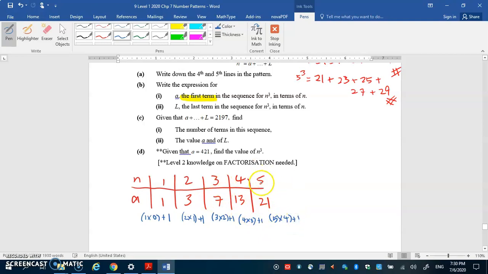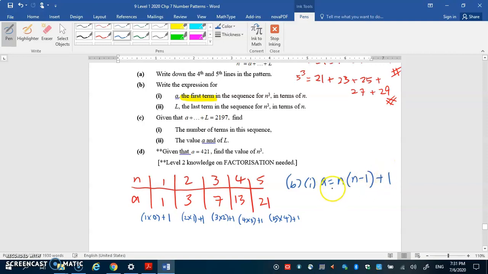So do you see that for every term, like 21, how do you get 21? You take the term number itself, multiply by the previous number, so 5 times 4, and then you add 1 to that. Okay, so what does this mean? This basically means that A is equal to n times (n minus 1) plus 1.